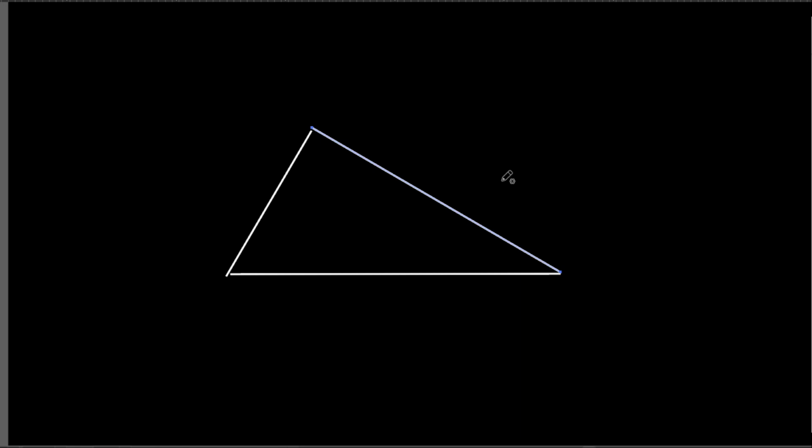It just takes too much time to write it all down. So what if I had this? It looks kind of like 90, but we'll make it 100. So let's say that's 100 degrees. Let's say that's 60 degrees. What would this one be if I know that's 100 and that's 60? This would be 20, correct? So let's put some letters in here. A, B, and C.